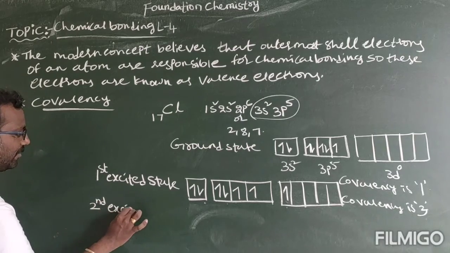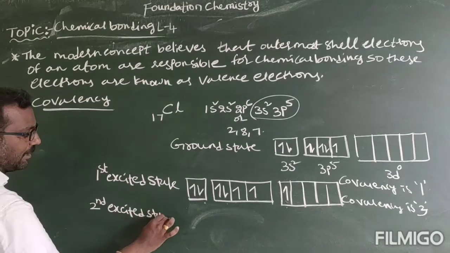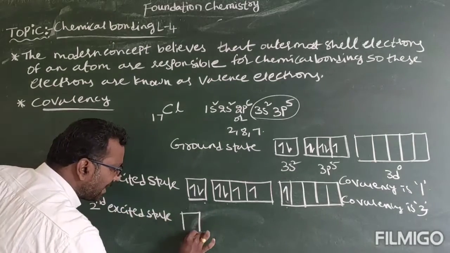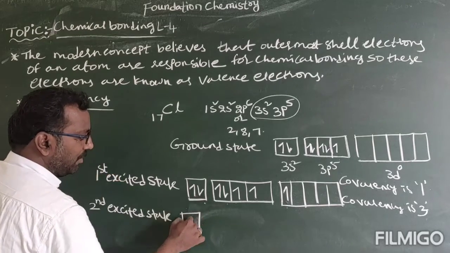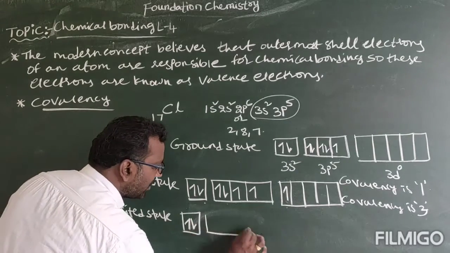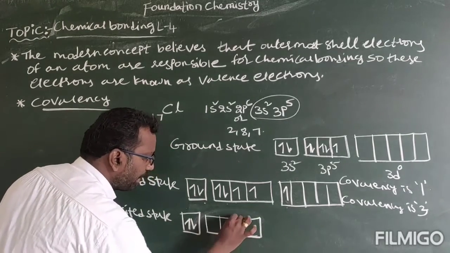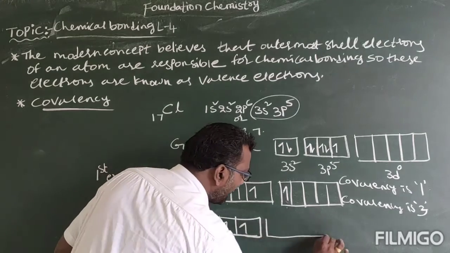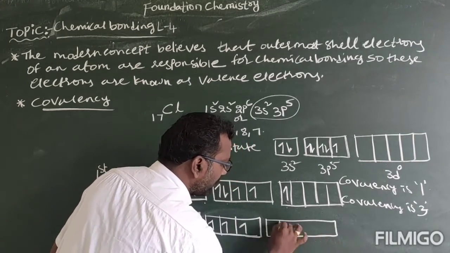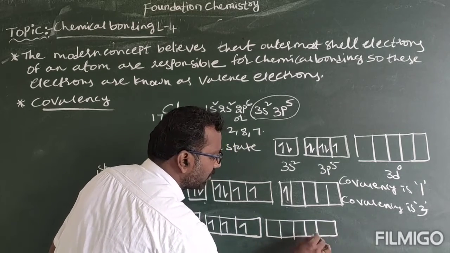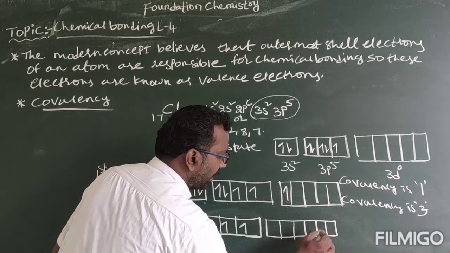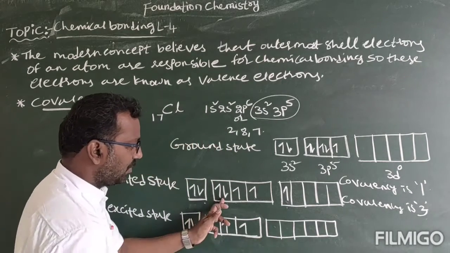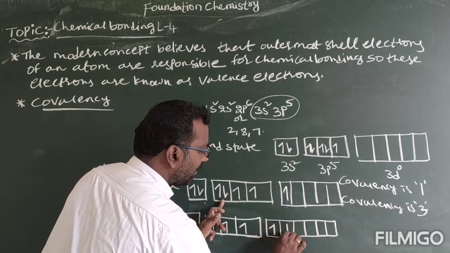So the next state we will see now. In the second excited state, what will happen? This will be like this only, and now this pair is broken. Again here, 1, 2, 3, 4, 5. So this has to come to that side, and already one is there.